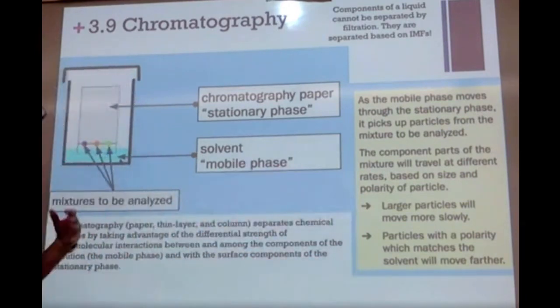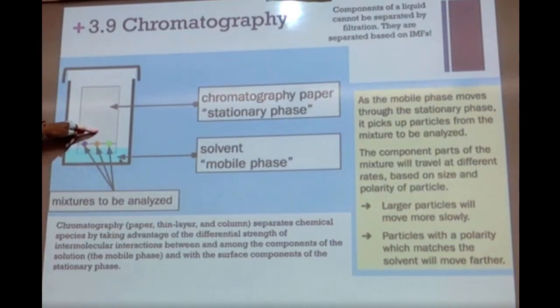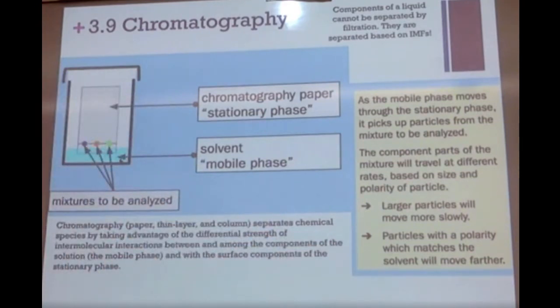The larger particles will move more slowly. So if we notice that the orange dot only moves a little bit, well, it could be a larger particle. And then particles with a polarity that matches the solvent move farther. An easy way for us to remember it is like dissolves like. Now, we can't use that as our explanation, but that's an easy way for us to think about it.